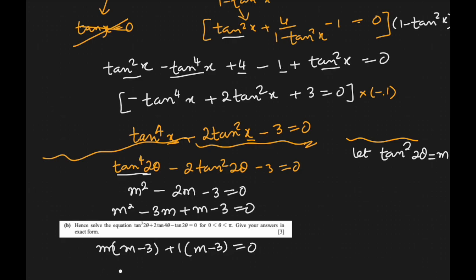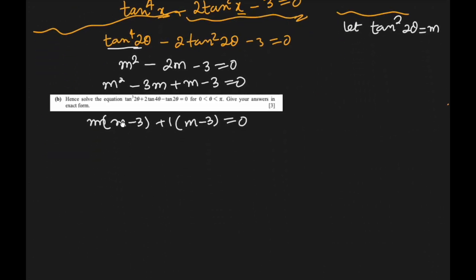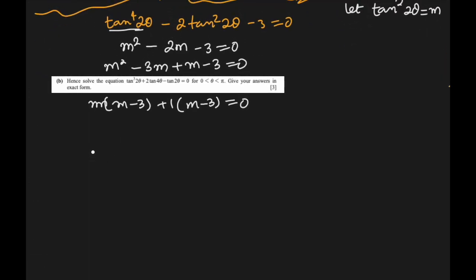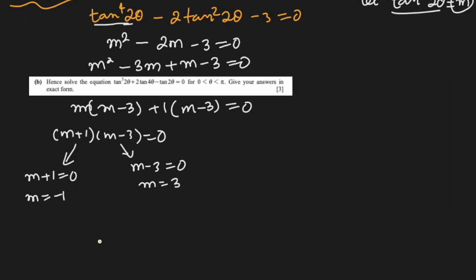And now we can easily say m plus 1, m minus 3 equal to 0. This gives us one answer, which is m plus 1 equal to 0. This gives m minus 3 equal to 0.